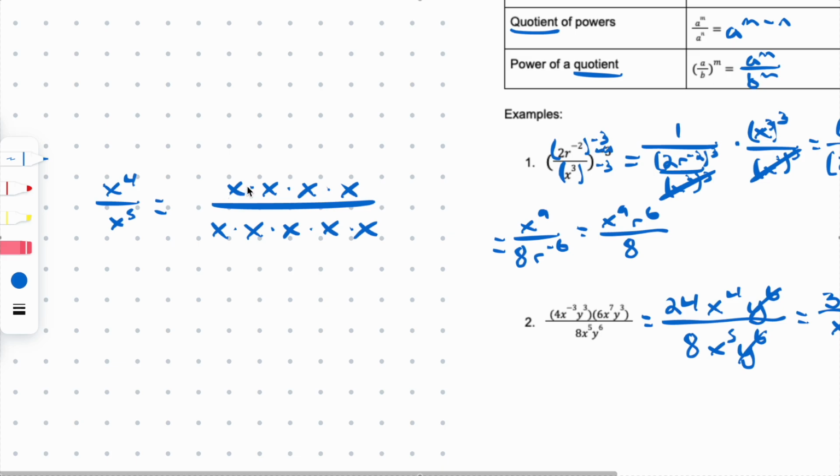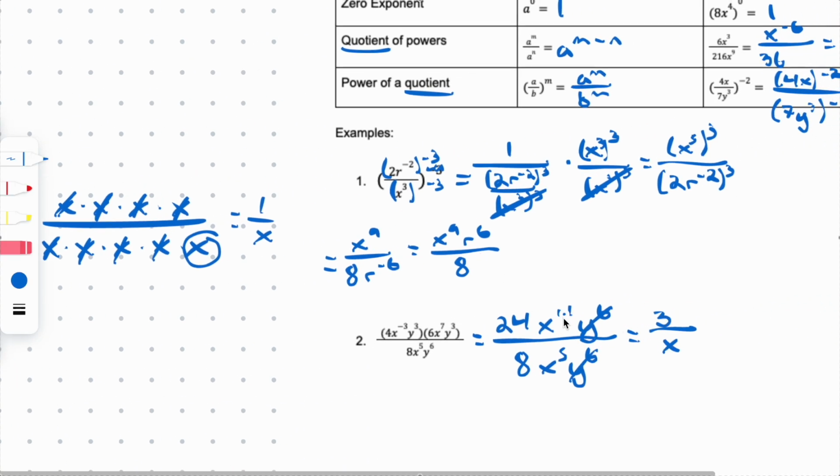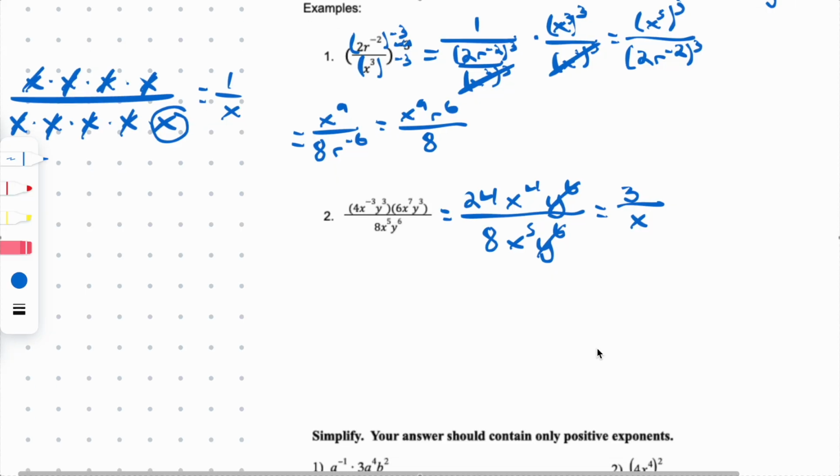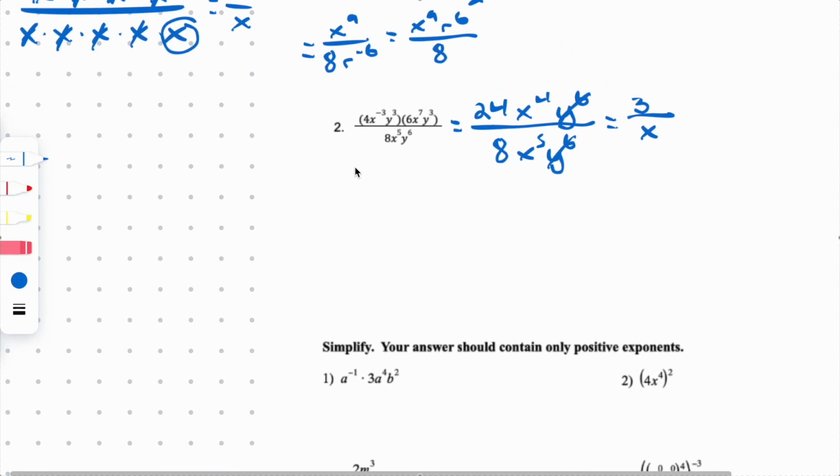So we can cancel out each of these x's one by one, and then we're left with the x on the numerator. So this is equal to 1 over x. And that's essentially what we just did. We're subtracting 4 from 5. We're canceling out 4 x's, in the sense of x times x times x times x, from both the numerator and the denominator. So see, this is something that looks super complicated, but it's really equivalent to something pretty simple.